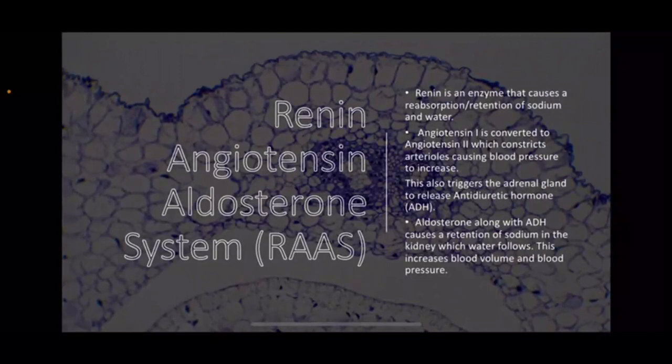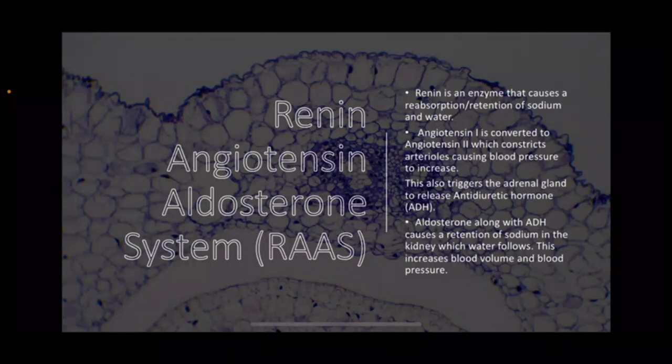The background behind RAAS is that renin is an enzyme that causes a reabsorption of sodium and water. The angiotensin is converted to angiotensin 2, which constricts arterioles, causing blood pressure to increase.